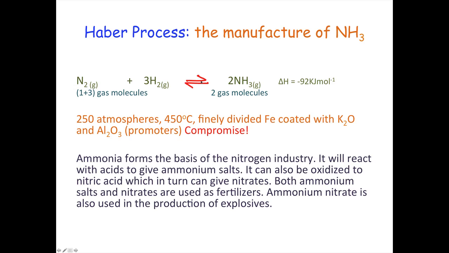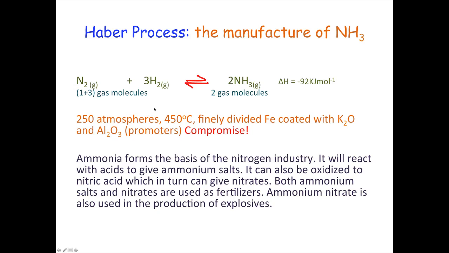You should remember from the previous slides, and if you don't, go back, that if you increase pressure, you're going to get a higher yield of ammonia. Now, 250 atmospheres is a very high pressure, and you normally get a yield over 90% of ammonia.